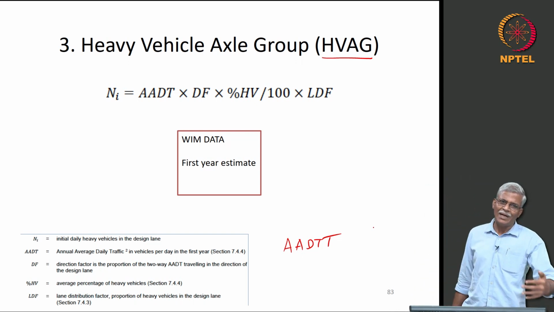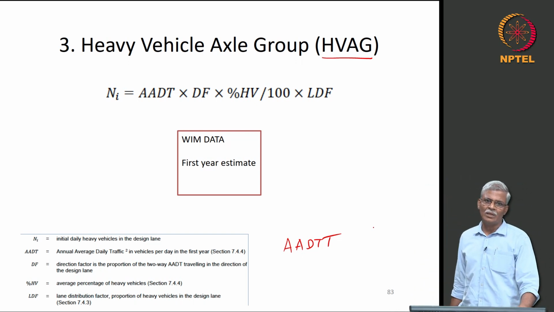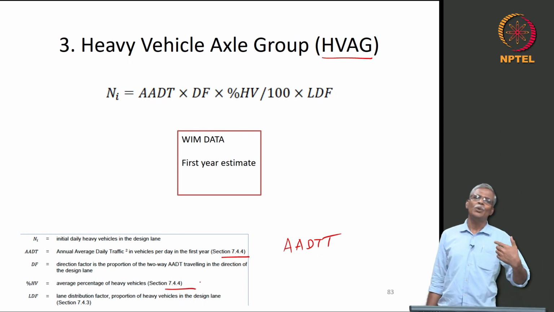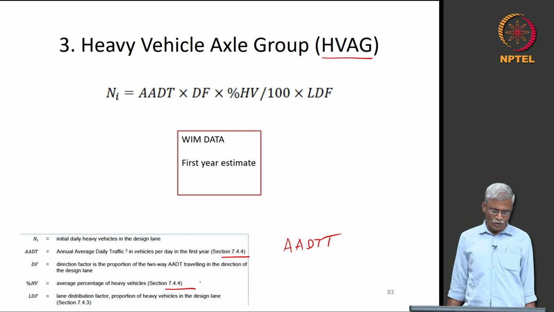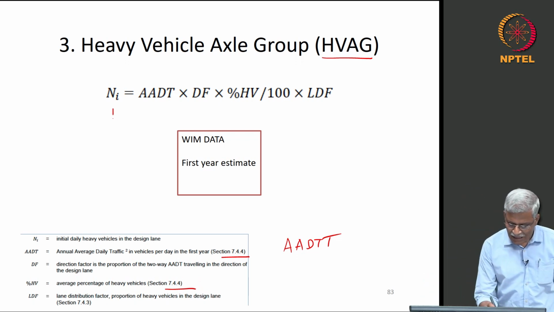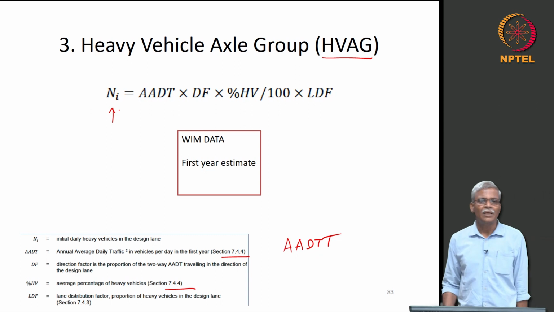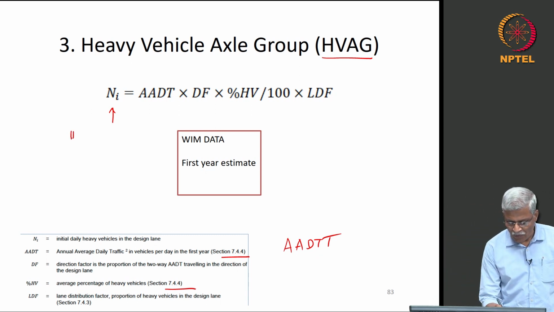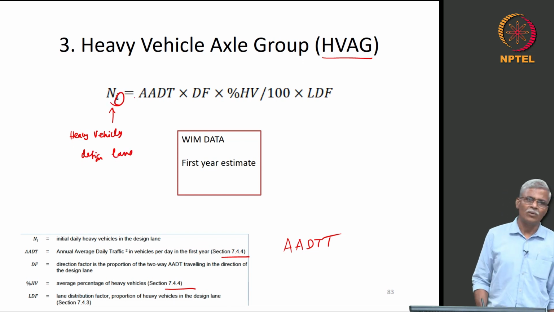As I mentioned, I have given the appropriate section numbers here, so that you can actually go and read it. So, this is the initial daily heavy vehicles in the design lane. So, watch out for this.